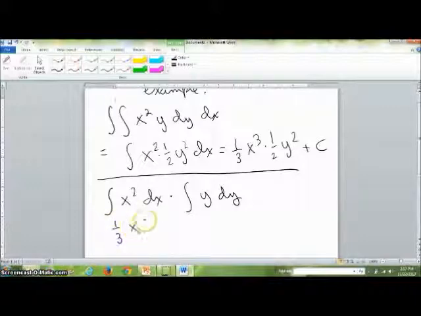Integrating the first one gives us 1/3 x cubed, and the second one gives us 1/2 y squared. Notice that in both methods, each factor is integrated without affecting the other factor.